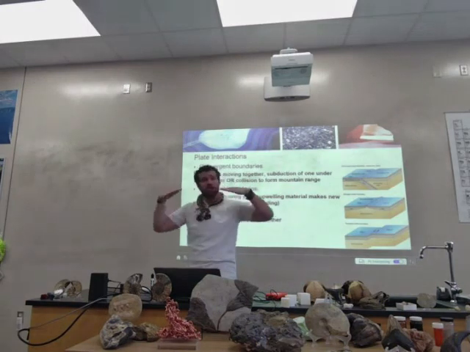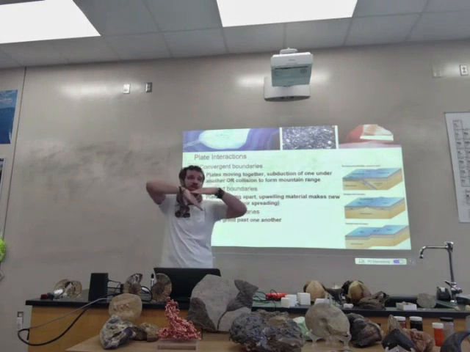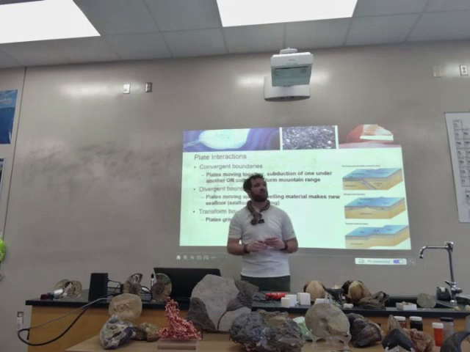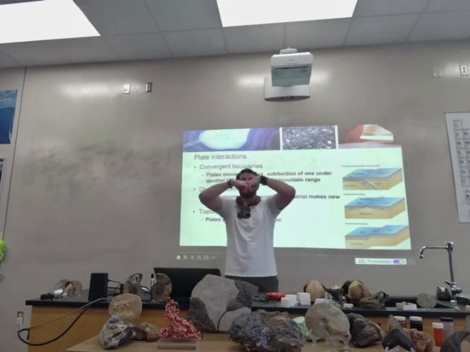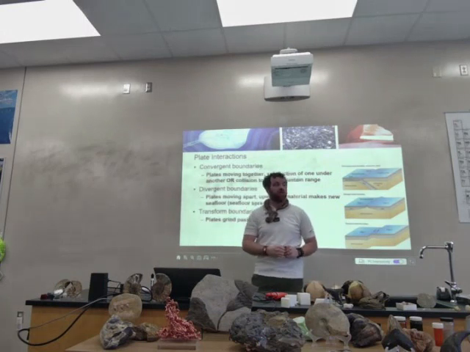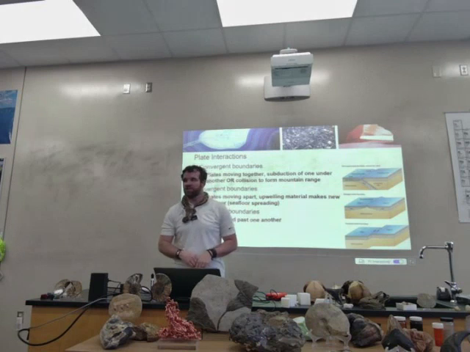Like if an ocean plate converges with a continental plate, because the oceanic plate is denser, it will subduct underneath the continental plate. Then you've got divergence, where plates are splitting apart from each other and new rock is being made between them. And then you have the third type, transform, when they move past each other.